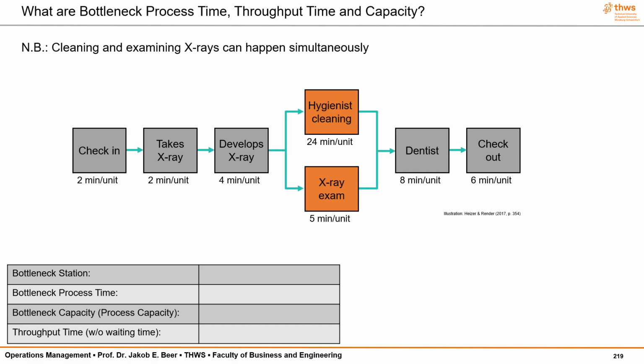So the examination of the X-ray will take place while the hygienist is cleaning. It's not delaying the process. So the throughput time for this process will be 2 minutes plus 2 minutes plus 4 minutes plus 24 minutes plus 8 minutes plus 6 minutes.